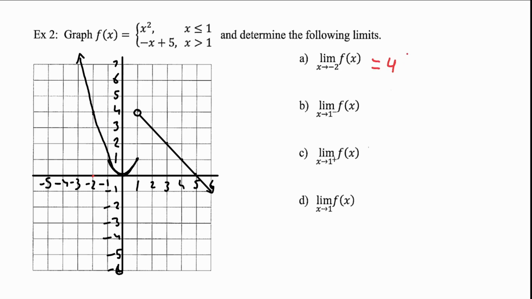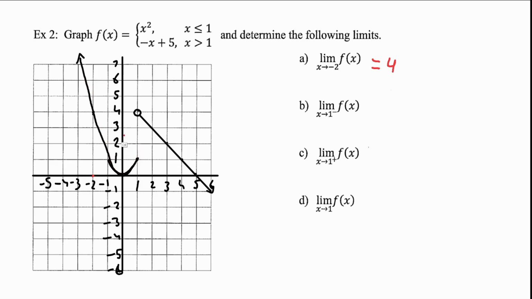Now we're asked to find the limit as x approaches 1 from the left side. So let's take a look. If we approach 1 from the left side, it's going to approach y equals 1.